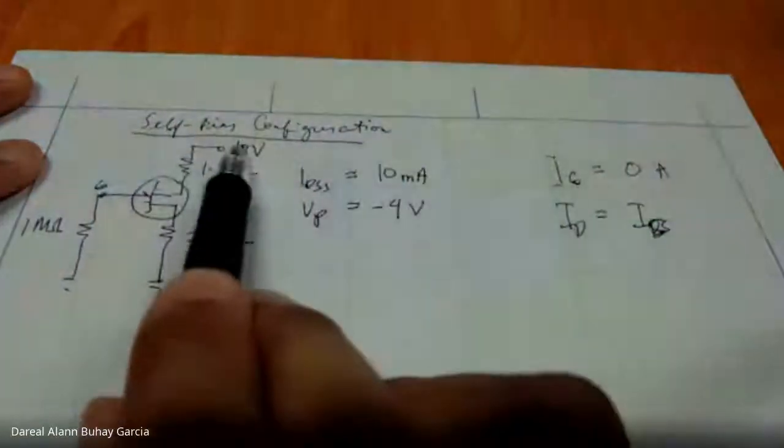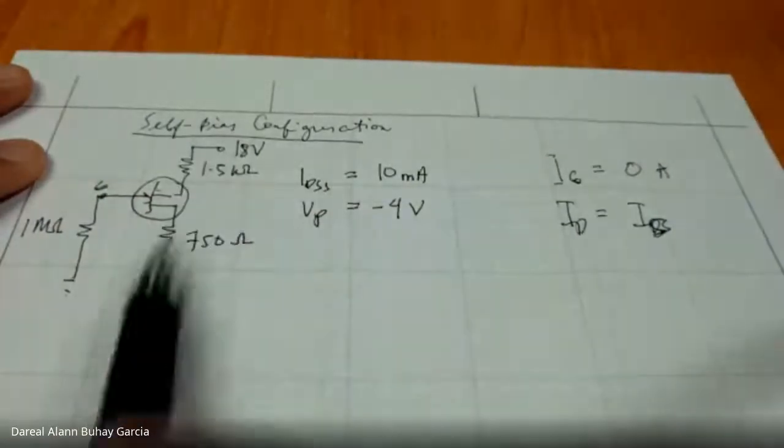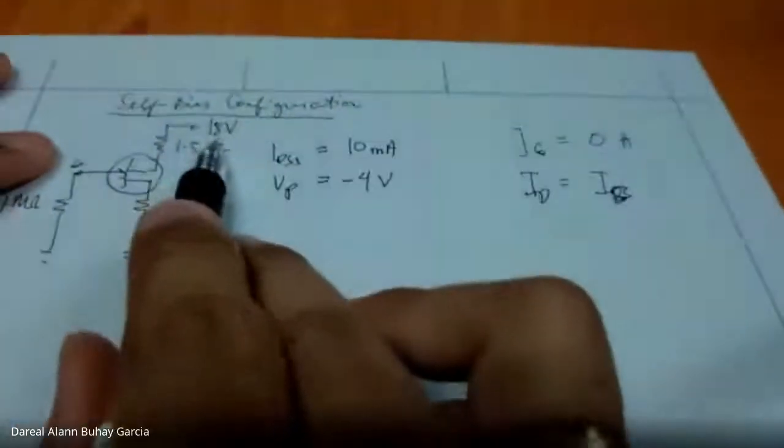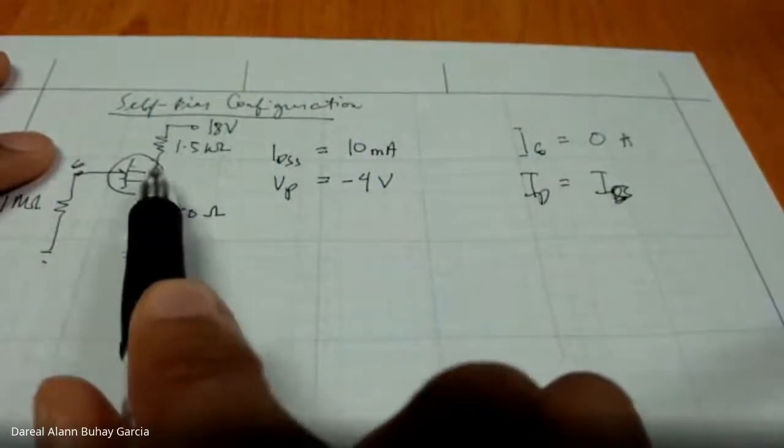No? So mag-create og KVL equation sa output na side right here. Sa right-hand side, we have VDD minus IDRD minus VDS minus ISRS is equal to 0.